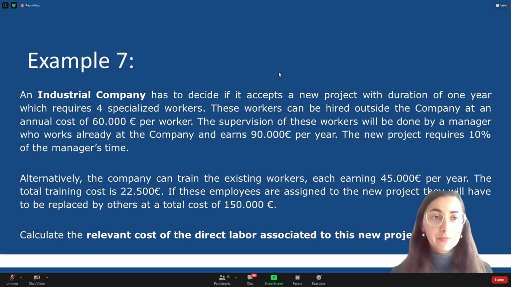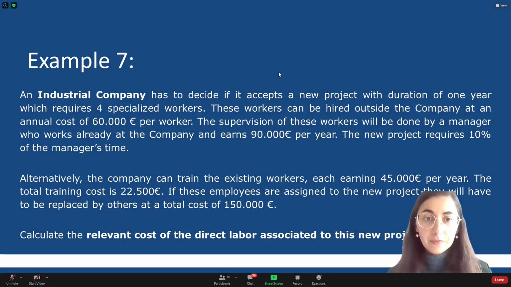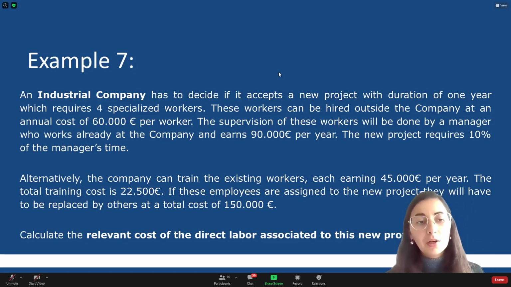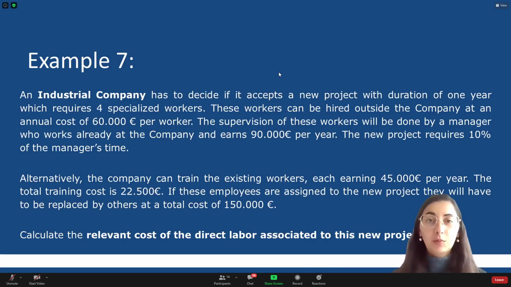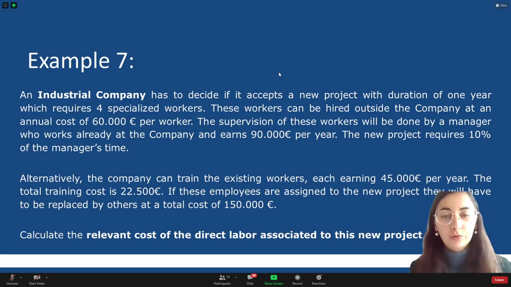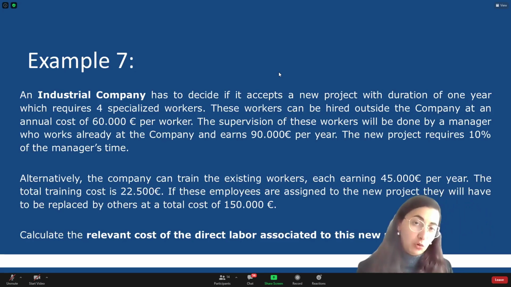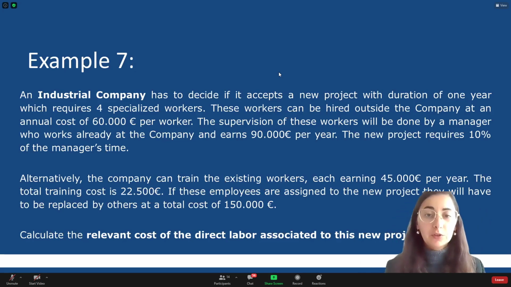Okay. You don't consider the salary? We don't consider the salary of 45,000 of the employees because we are already paying this salary. We only consider the extra costs that we're going to have. So the costs that we already have do not change between the alternatives. The 45,000 doesn't change.